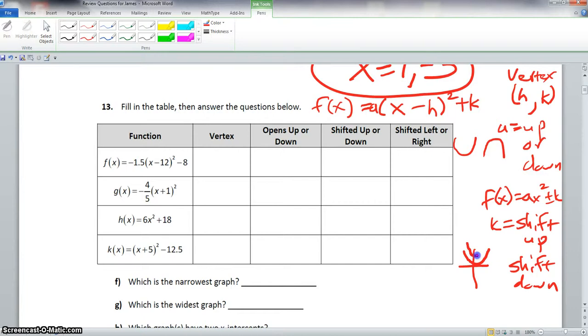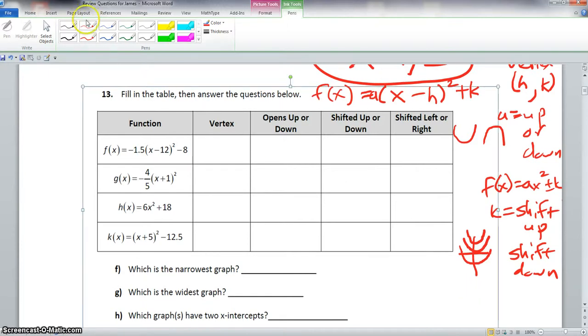Then it would shift the graph up 2. See, this is the difference between whether it's opening up or opening down. This was shifted up if k is positive, and shifted down if k is negative. So if we took this same graph and k was negative 2, then this same graph will go down 2. So that's what's meant by shifting up or down.